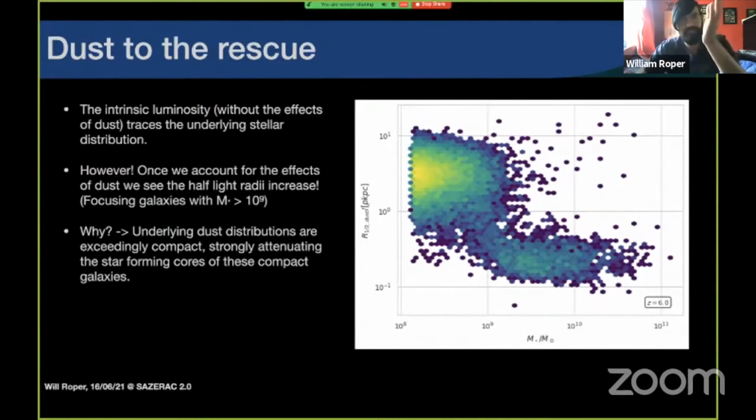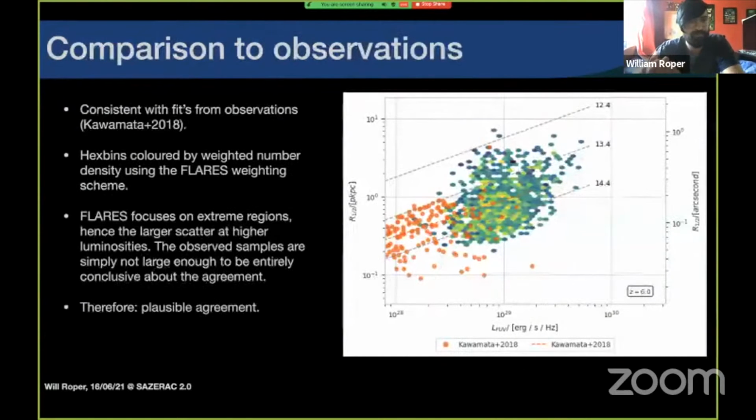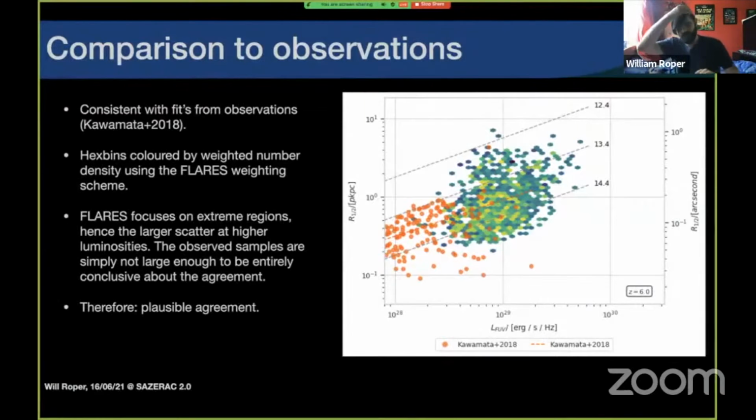But that's promising, but not actually comparing to observations. So now we compare in this plot simply to a Kawamata paper from 2018, and we see plausible agreement.